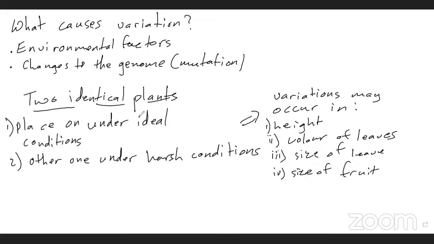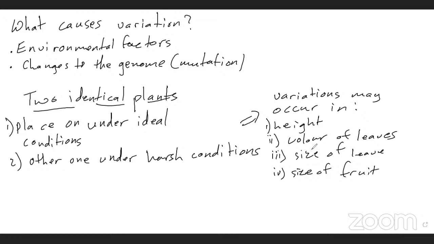All right, so what is this suggesting? If the variation is in height, size of leaf, color, and fruit, could we put that under continuous or discontinuous variation? These features would go under continuous.